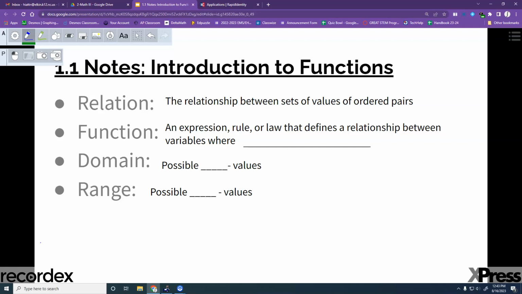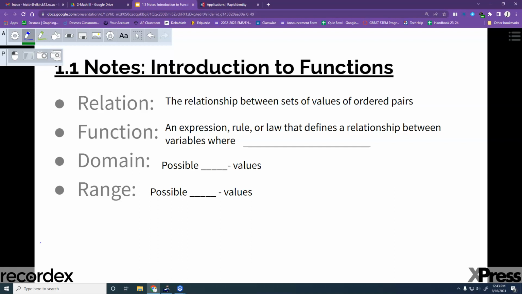So, when we're talking about functions, they're one of the most important things that you're going to deal with in algebra. Functions are types of relations. A relation is a relationship between sets of values or ordered pairs. So it could just be a group of points, like a list of values. It could be an equation that represents those.